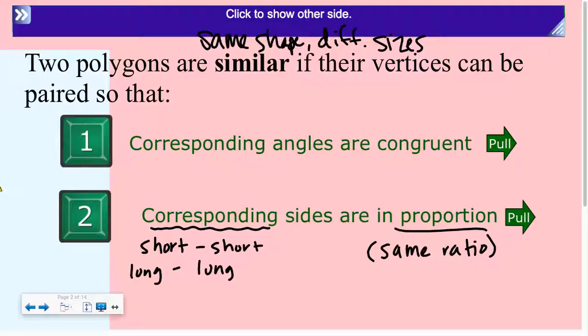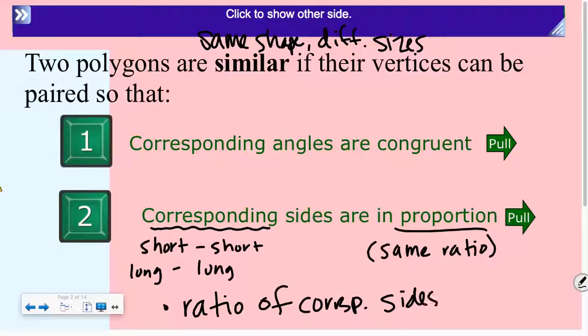The similarity ratio, that next blank there, is the ratio of corresponding sides. A similarity ratio is the ratio of corresponding sides.